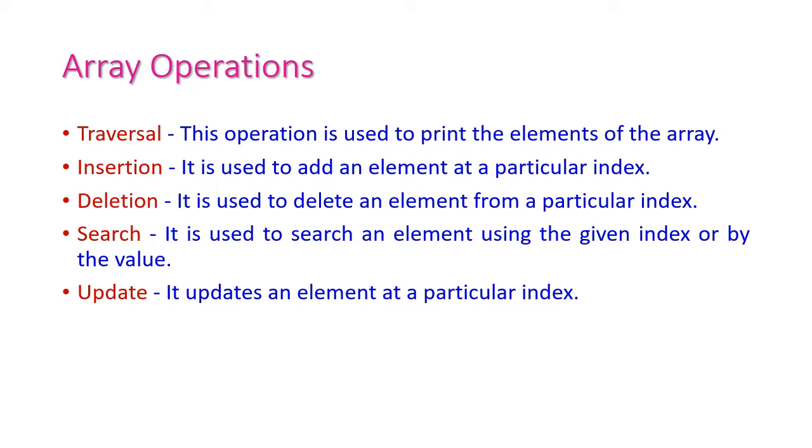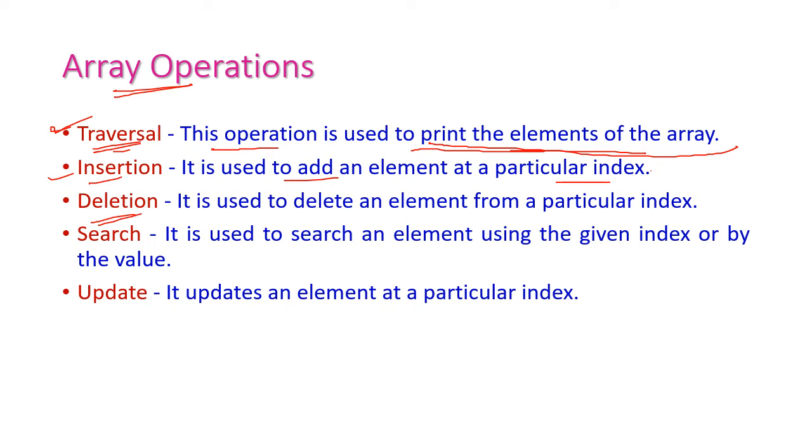Now let us see the array operations. When it comes to arrays, traversal is the first operation. Traversal means visiting all the data items in the array, which is used to print the elements of the array. The second one is insertion, that is inserting an element in the array at a given position.